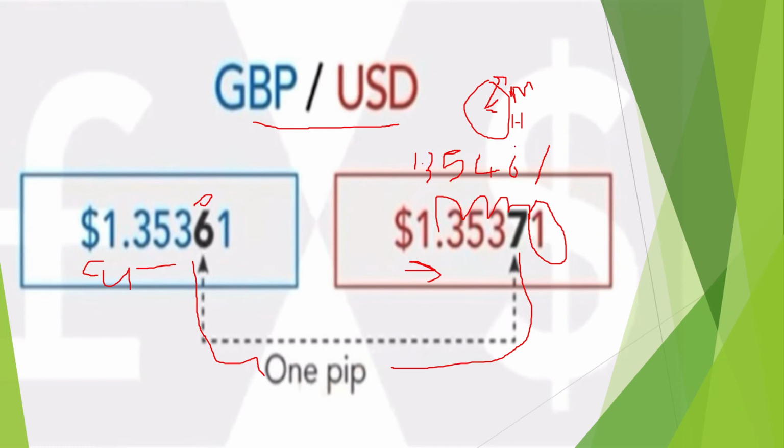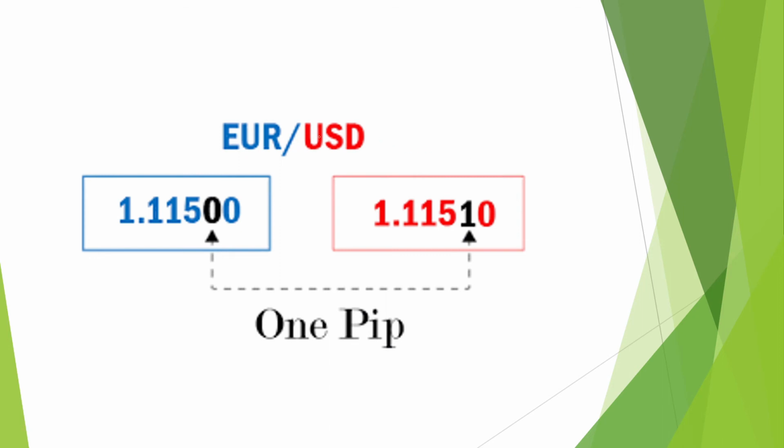If you minus this from this, it equals 10 pip. You understand? You see this is the pip here, this is the pip here. So the difference between here and here is this one, the 1 pip movement.